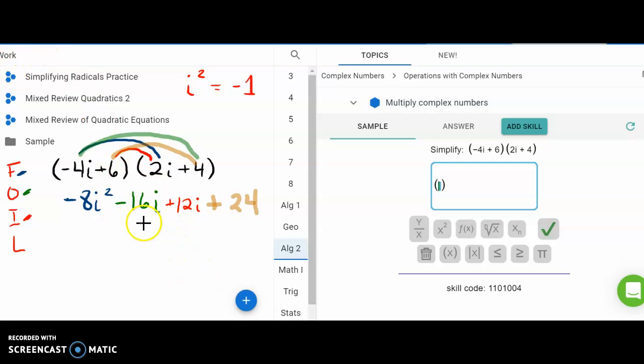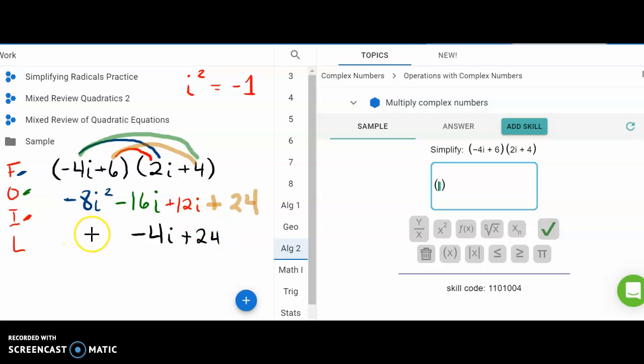So now that we've used FOIL to solve this, we just want to go ahead and combine like terms. So -16i plus 12i, that's going to give us -4i. 24, we're going to bring that down.